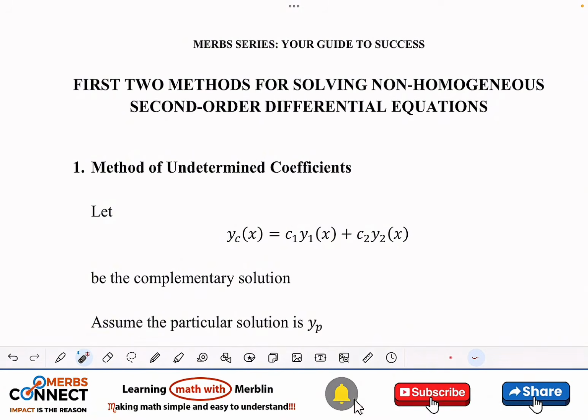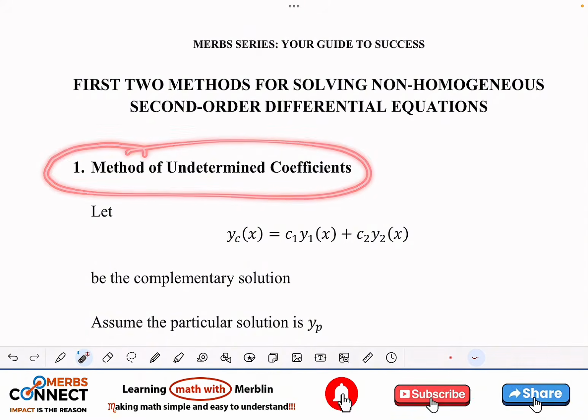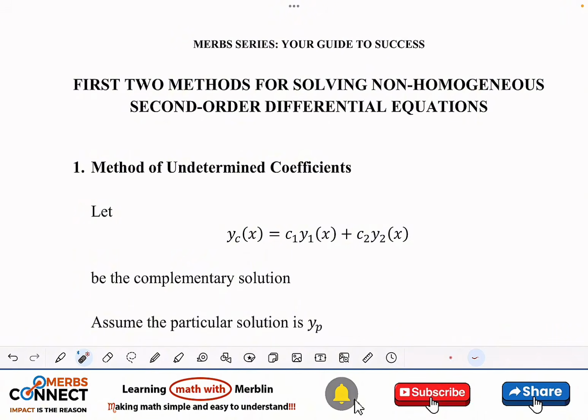Now let's go through the process of solving non-homogeneous second order differential equations. We have a lot of methods, but in this video we are going to look at just two of them. The first one is the method of undetermined coefficients.